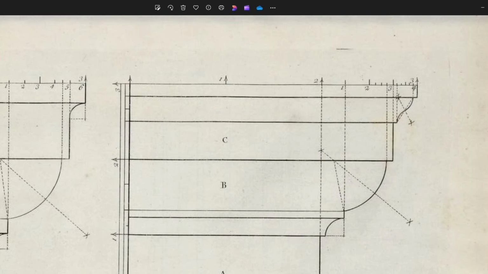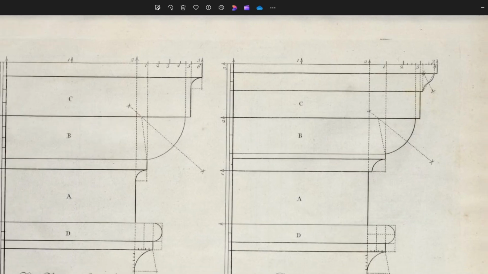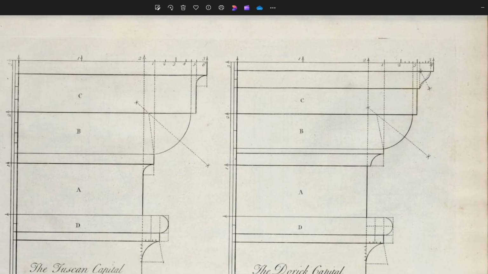Or you're going to have to measure some of these parts, find what the distances are, and then use your calculator or whatever to divide them into the fractions that you need. So, Gibbs's way of working definitely works, but it can get tedious. And you can see how much more complicated the Doric capital is compared to the Tuscan capital.